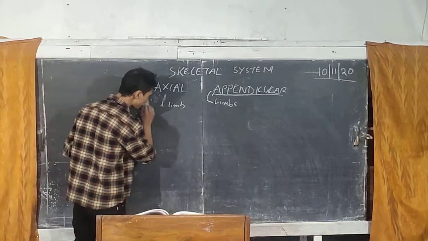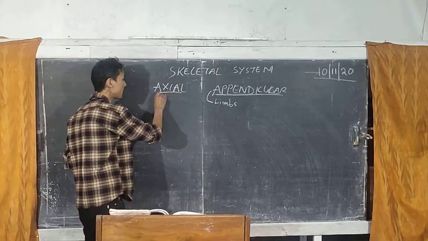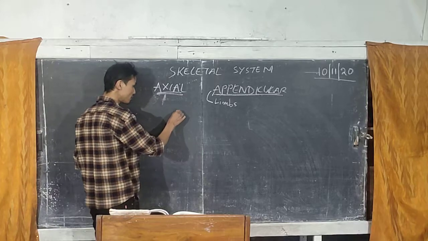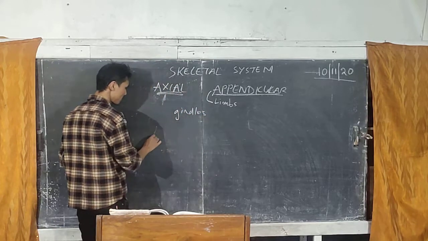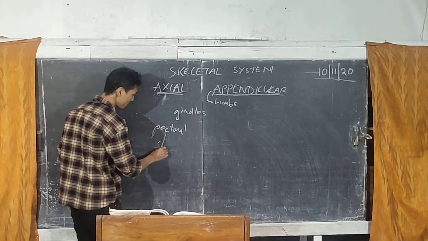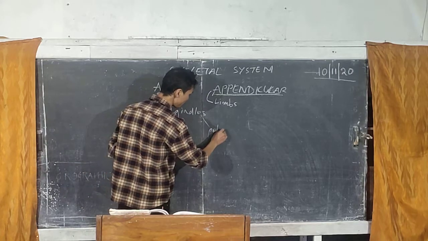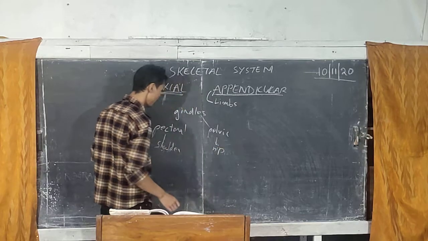Now when we talk about the appendicular skeleton, it has to be attached to the axial skeleton. So the attachment is done by girdles. The girdles are called pectoral girdle or the shoulder girdle and the pelvic girdle or the hip girdle.